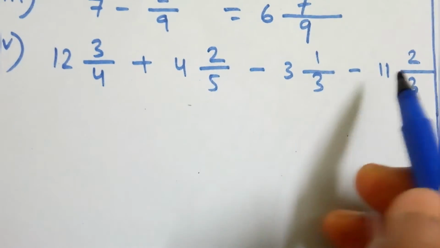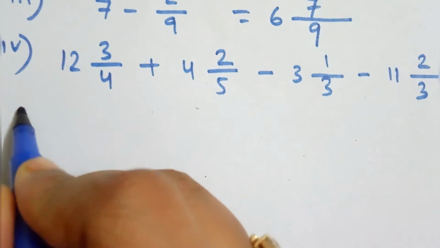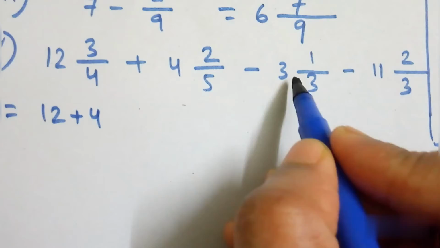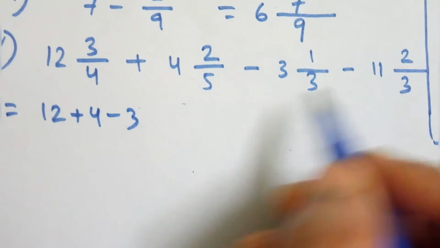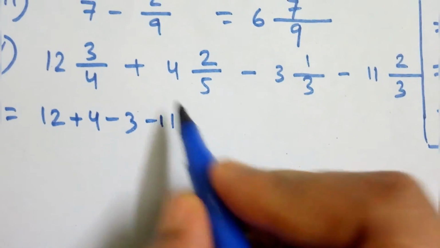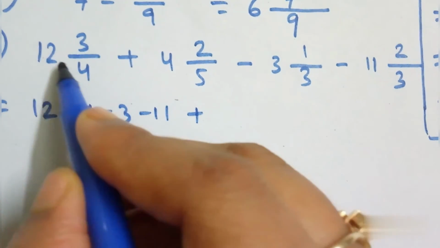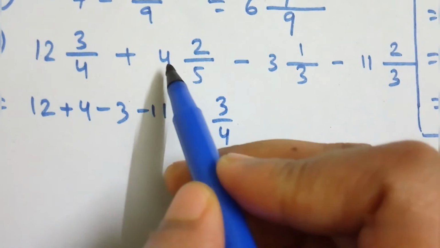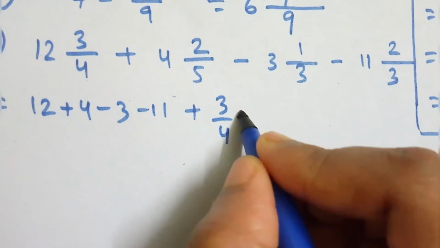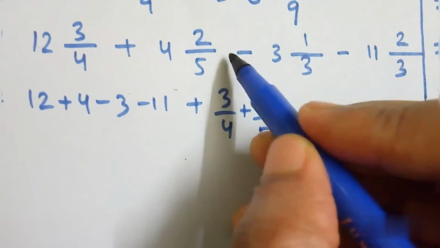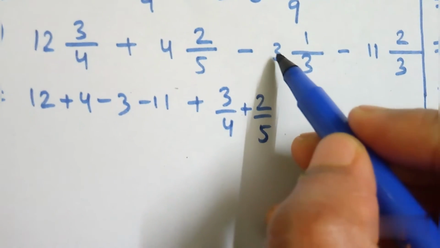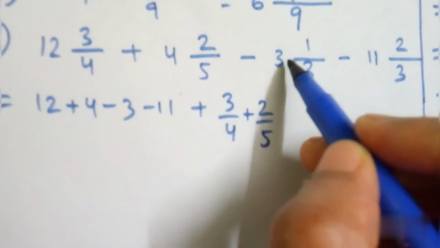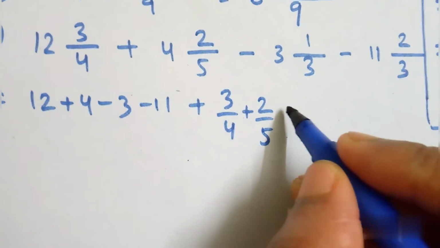So the next example is this. So how can we write this? 12 plus 3 by 4, so plus 3 by 4. 4 plus 2 by 5, so plus 2 by 5. This is minus of 3 plus 1 by 3, so minus 3 minus 1 by 3.